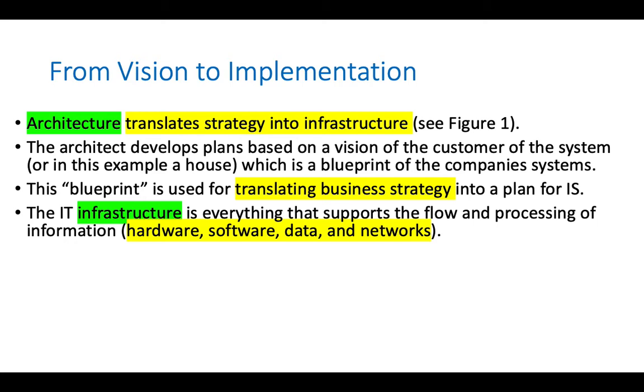So we want to move from something hypothetical, something planned, a blueprint, and translate that from a plan on paper or just a sketch into an infrastructure. So you translate that into physical things, something we can do.